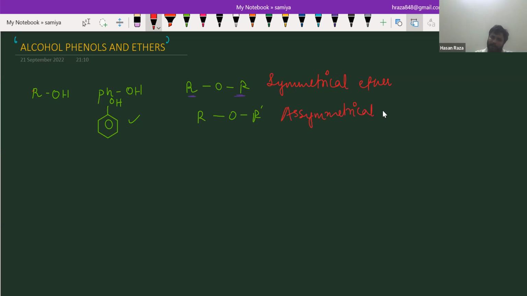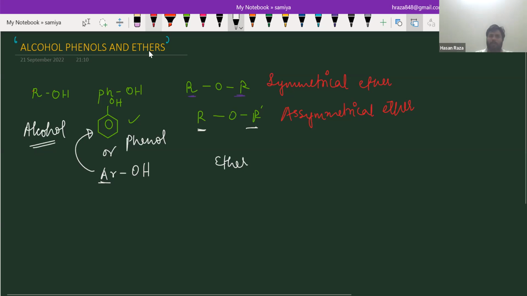When O is attached with different alkyl groups, this is asymmetrical, and this is symmetrical. It is very easy. And we also write this ArOH. Ar is for arene, that means benzene, and OH for alcohol. This is phenol, this is ether, and this is alcohol.